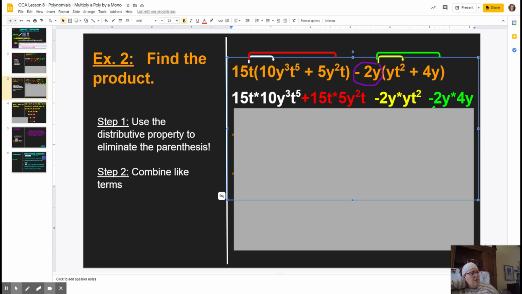Then the next one is 15t times 5y squared t. Then again, you see I've got this negative here, so I've got negative 2y times y t squared. And then I've got negative 2y times 4y.